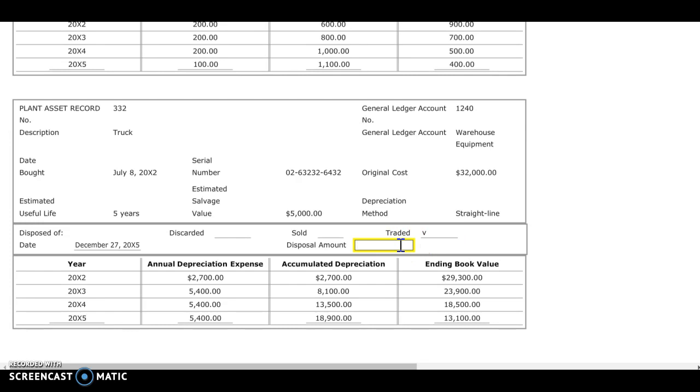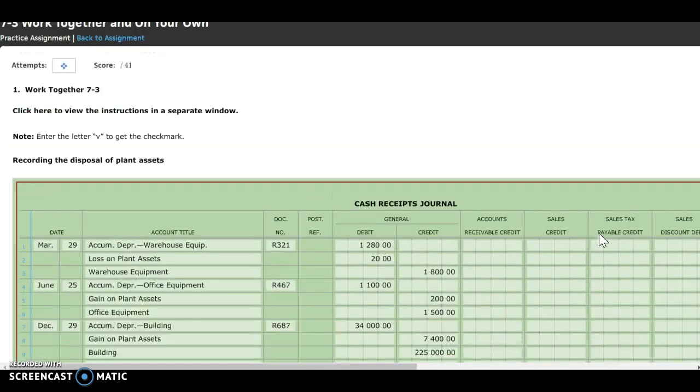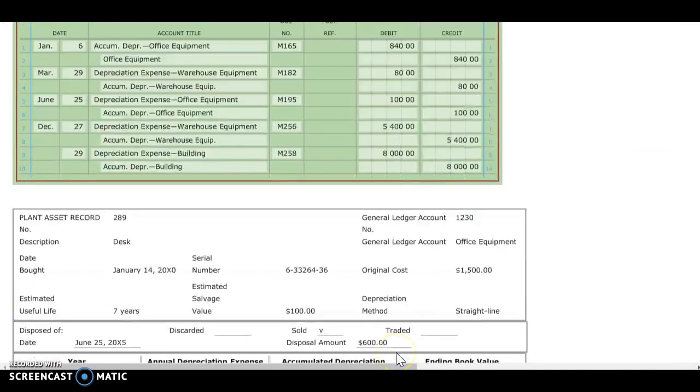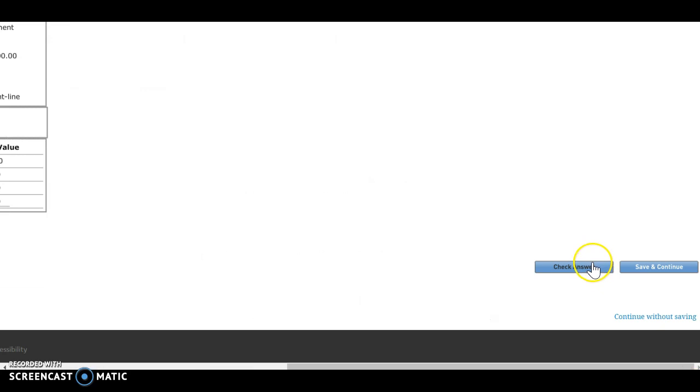And the disposal amount, what we're going to do for this is we're just simply going to put number 392. And that was from the previous truck that we traded in for this new truck. And then since they don't give us those other plant asset record sheets to make note of, we're not going to fill those out. So I'm going to say check answer.